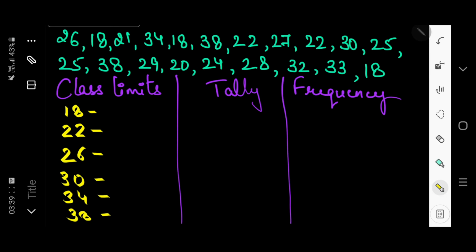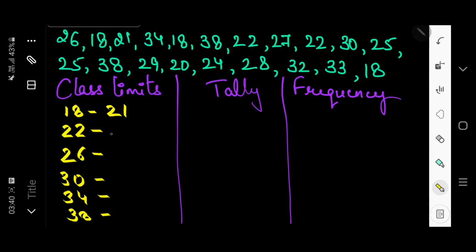Now we have to make the upper class limits. As 18 is already in the first class and 22 is already included in the second class, in the first class limit the highest value would be 21.